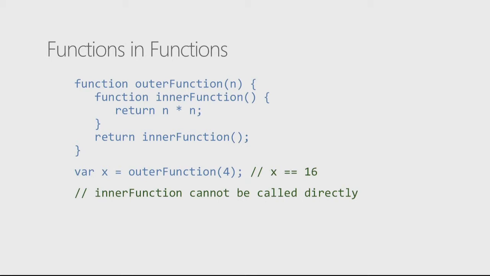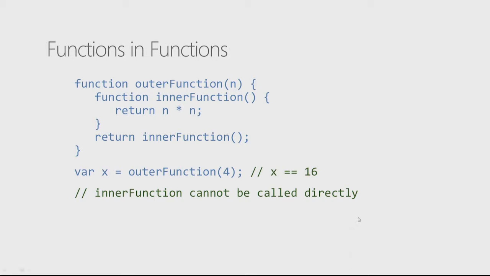Now, this is the thing that was being done, if you didn't notice it. We've been declaring functions in some of our samples, but if you were looking at the outer context, we were declaring functions inside of functions. So this is just another example of what that would mean, and we're especially going to look at the scoping aspect of it. The first function there is called outer function. Notice it takes in an argument of n.